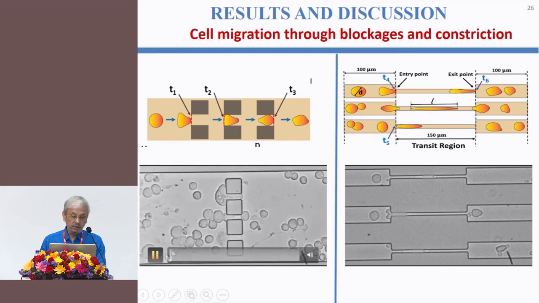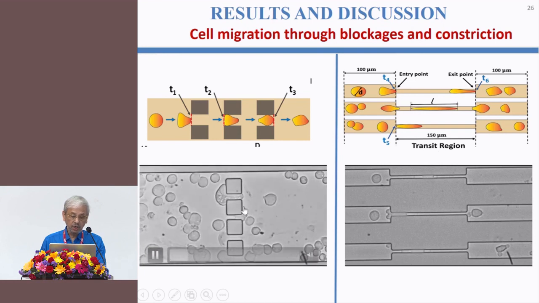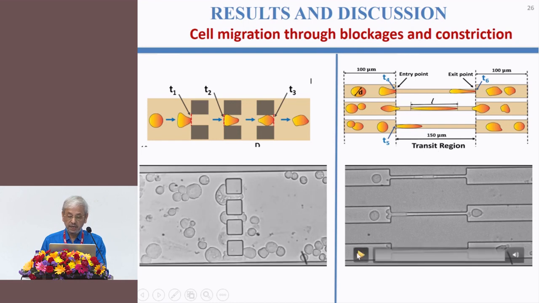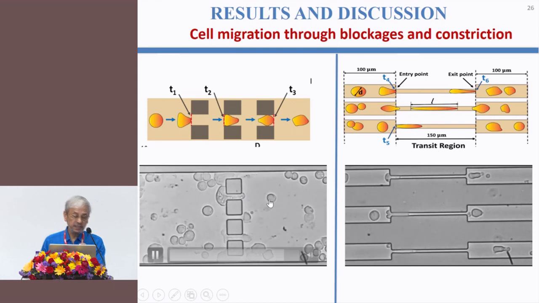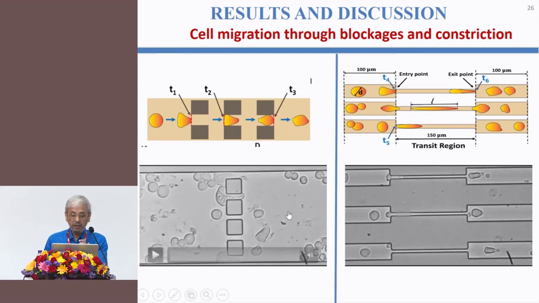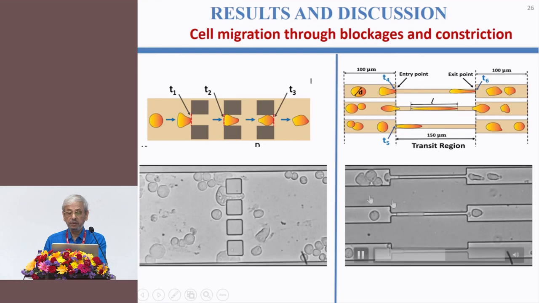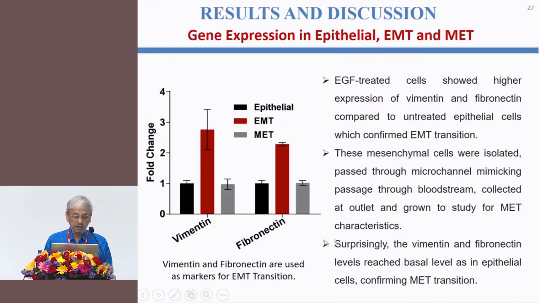Here again, while passing through, some of these cells are divided here itself into multiple cells, and wherever clusters are there, clusters are broken, which indicates that mesenchymal cells are being produced.